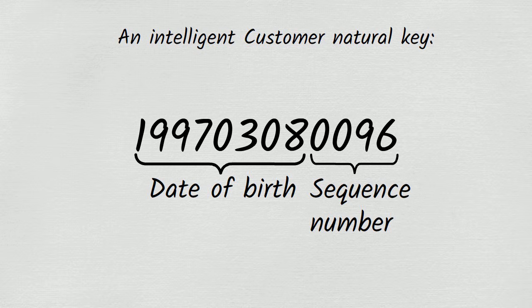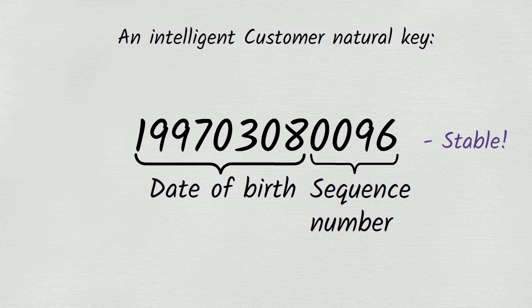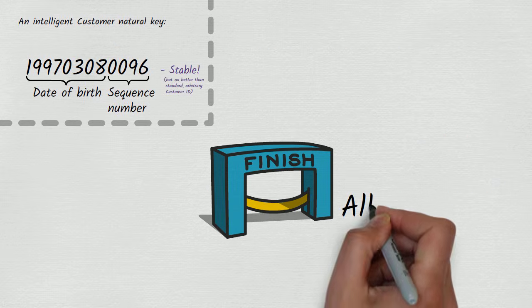The customer's date of birth is never going to change, so this is a stable identifier. It might not be any better than a completely arbitrary customer identifier, but at least it's unlikely to cause significant problems. This concludes our discussion of the different types of relational database keys.